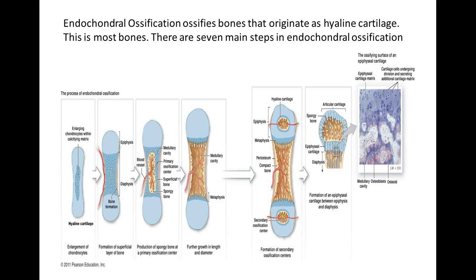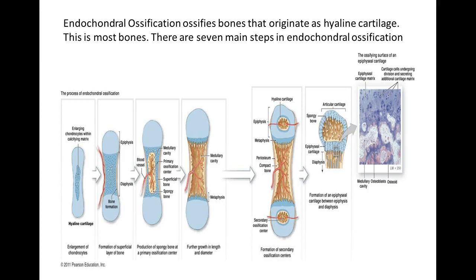The first thing that is designed in this kind of ossification is spongy bone. So you have these trabeculae created on the inside of this hyaline cartilage. That continues until the entire diaphysis has been created in spongy bone. Then of course that will be remodeled into compact bone and then a medullary cavity, etc.